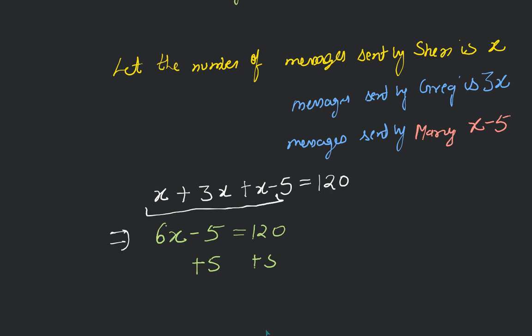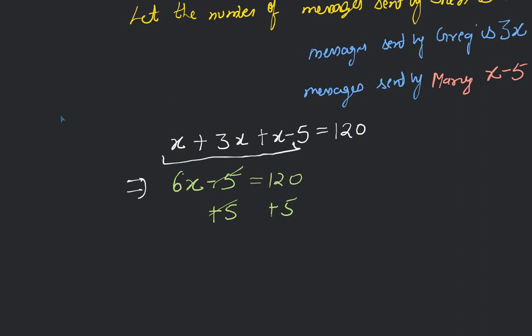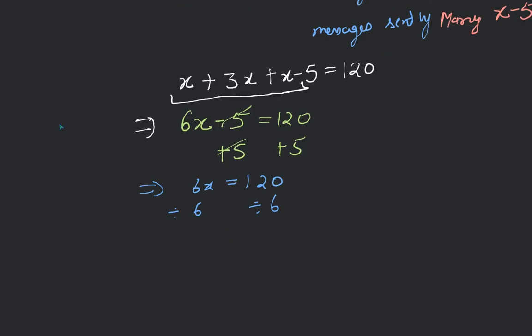Then we can add 5 to both sides so that we can cancel 5 from the side which has the x value, and then we will have 6x equals 120. Then we need to divide both sides by 6 so that we can eliminate 6 from the left-hand side and have the variable x left only.